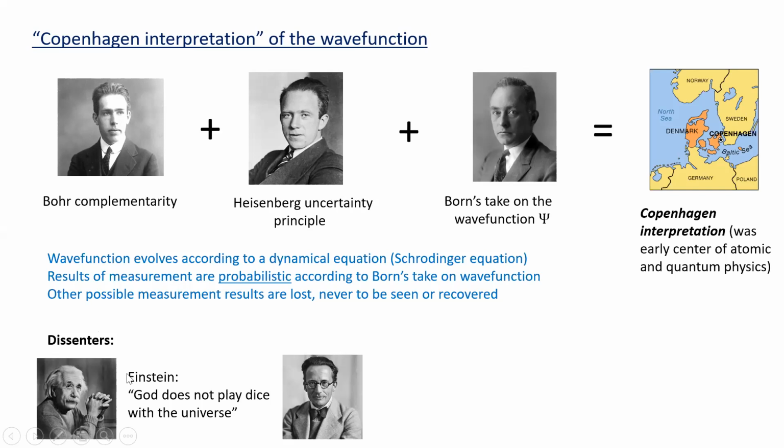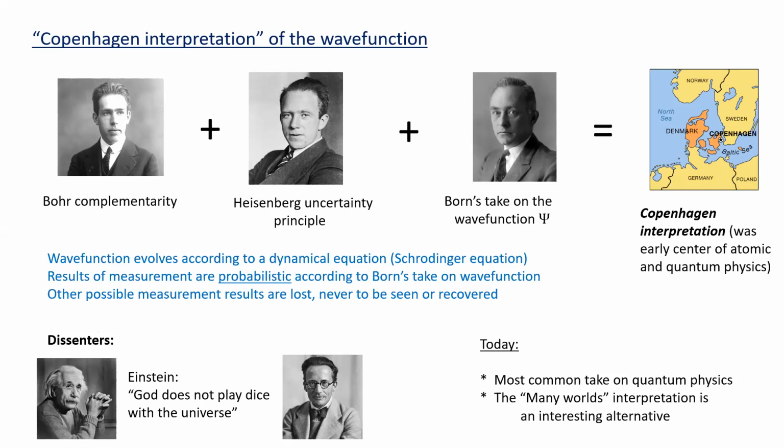He said, God does not play dice with the universe. He didn't believe that the results of measurements should be probabilistic. He believed that something should determine where a particle was being found, even if we couldn't immediately identify what that something was. So Einstein was never happy with the Copenhagen interpretation.